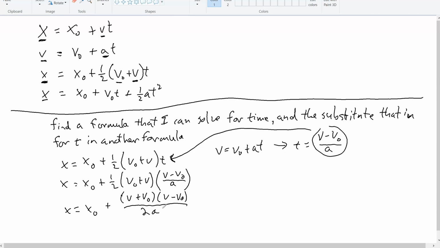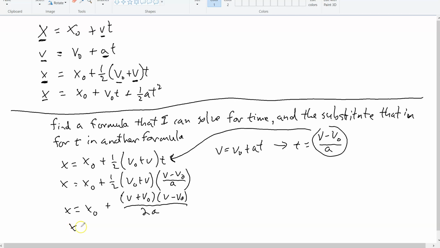Okay, so the first thing I'm going to do is I want to rearrange this, and ultimately I'm going to get my final velocity on one side and everything else on the other side. In order to get final velocity on one side, I'm going to need to get rid of the 2a and the x0, the initial position. So I'm going to subtract x0 from x and get that on the other side.